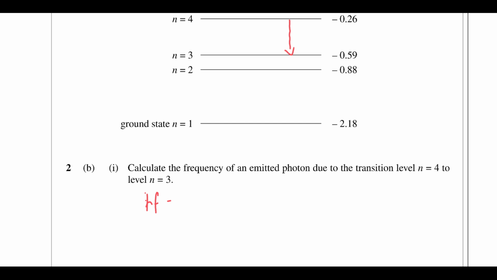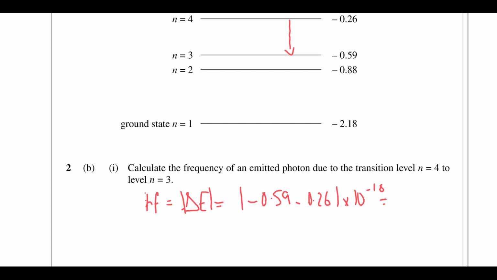the energy of the photon is going to be equal to the change in energy of the electron. So that's minus 0.59 minus minus 0.26, but it's going to be the modulus of that change, because any energy lost by the electron is going to be gained by the photon. So let's take the modulus of this times 10 to the minus 18, and that gives us an energy of, let's just quickly calculate that.